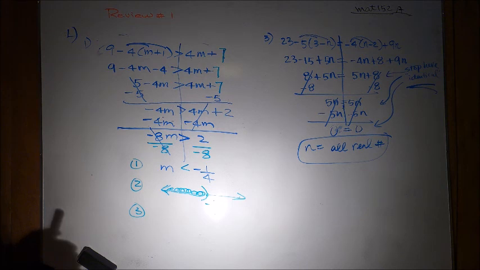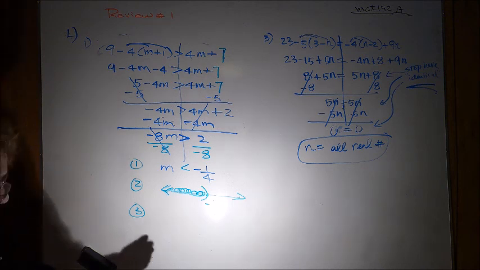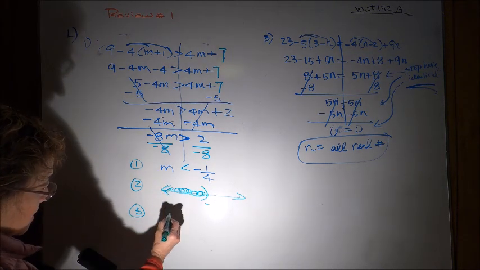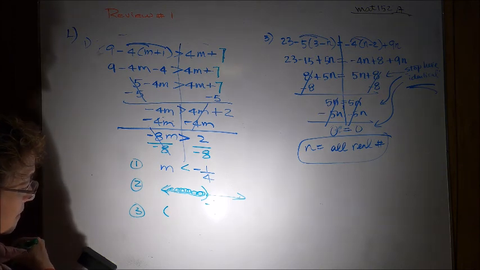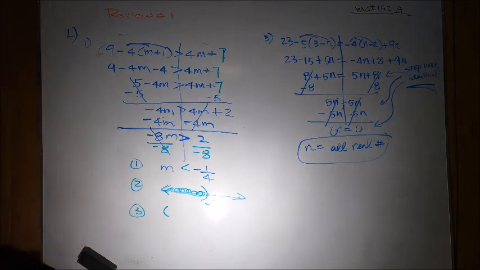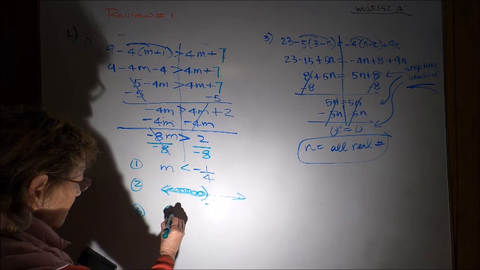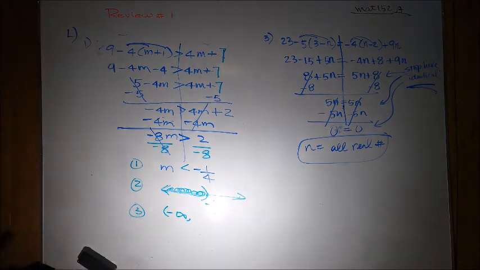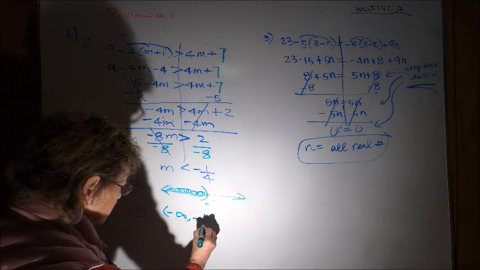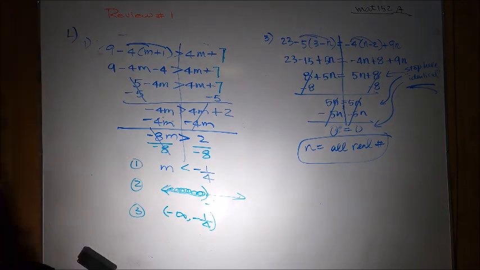An interval notation. So that would be what? From here, super tiny number, with what? Negative infinity, right? And up to negative 1/4 with parentheses.